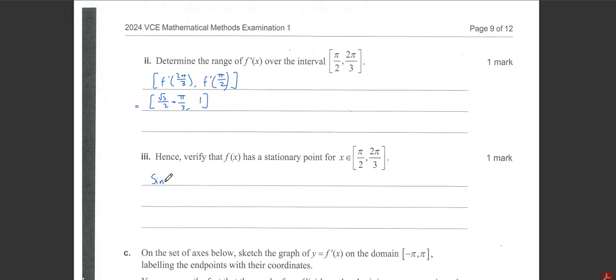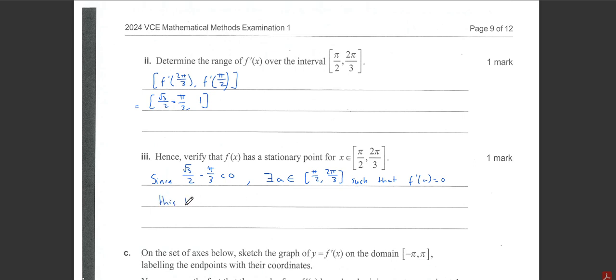So since root 3 on 2 minus pi on 3 is less than 0, there exists a such that f of a is equal to 0.